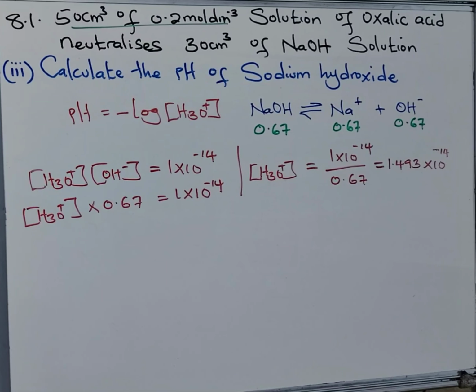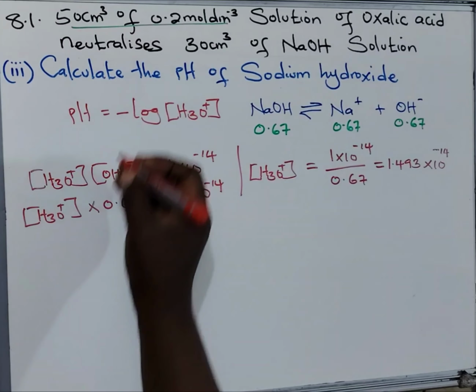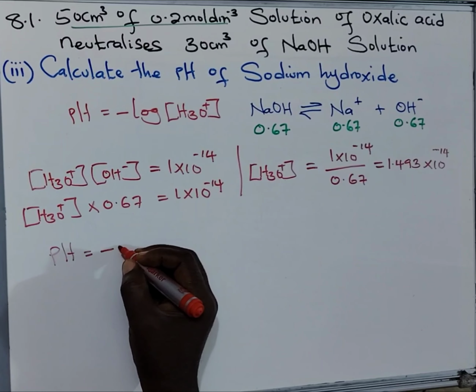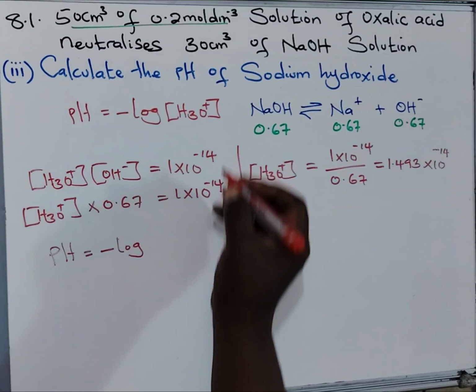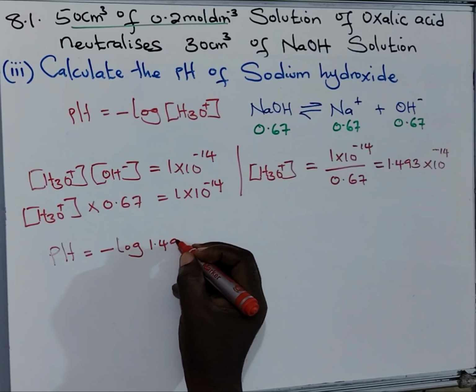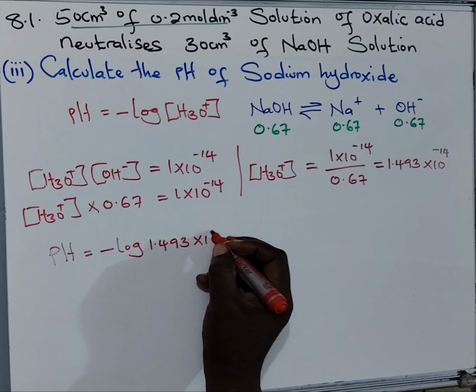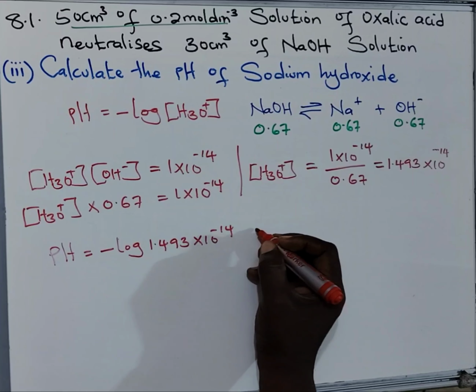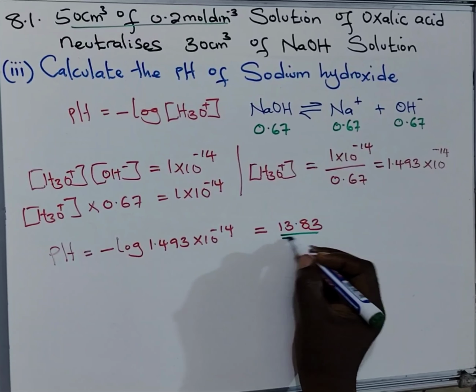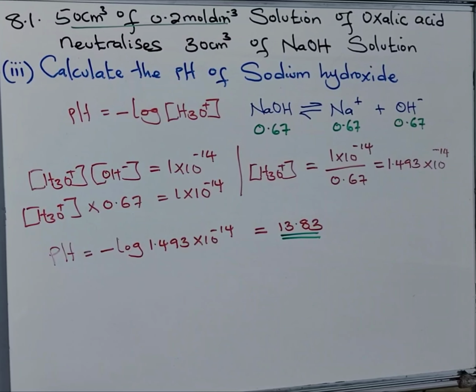So what is the next step? Next step is going to be substituting in the equation. It's going to be pH is equal to negative log of that, which is 1.493 times 10 power minus 14. This gives you 13.83 as our pH of sodium hydroxide.